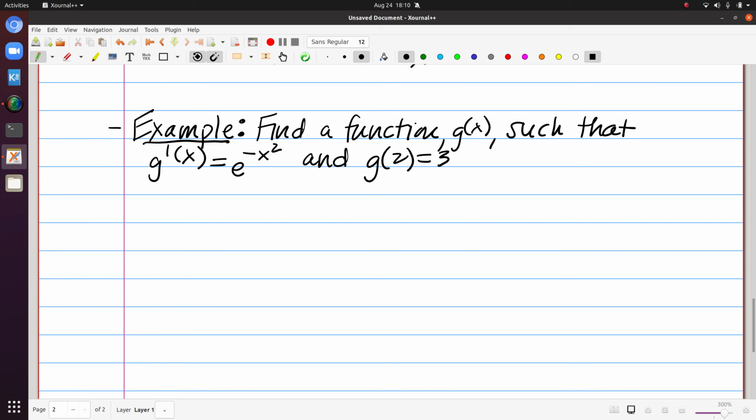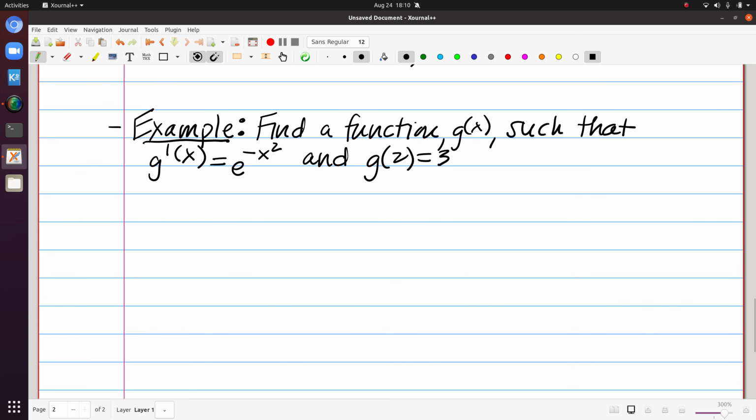So the hard part about this is that if you try to come up with a function in terms of elementary functions such that its derivative is e to the minus x squared, you're not going to be able to find one. So this is not the same thing as asking you to integrate e to the minus x squared. We simply just need to write down a function that has these two properties.